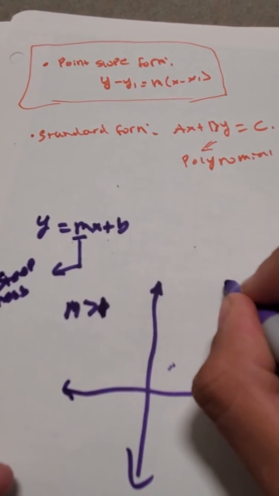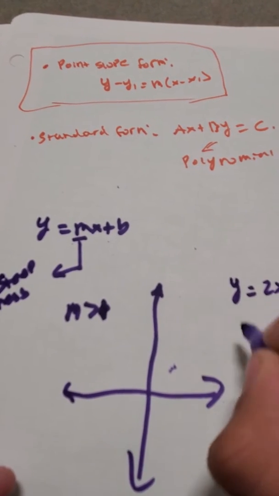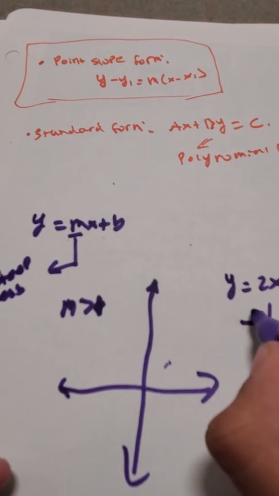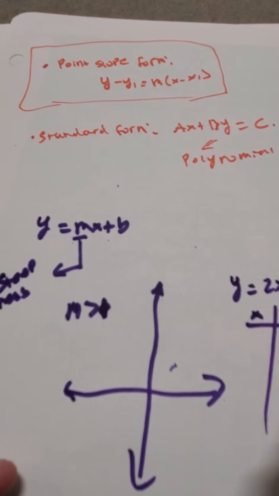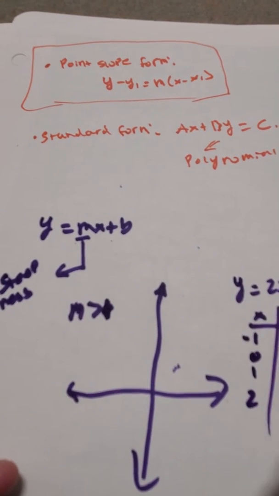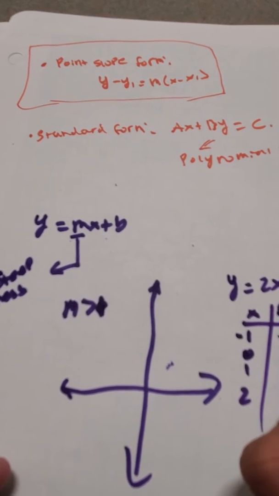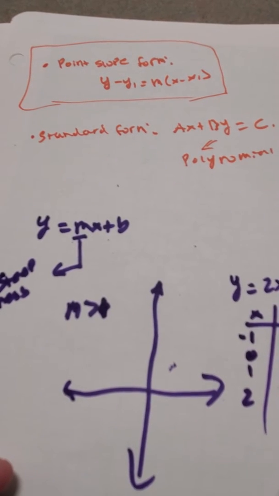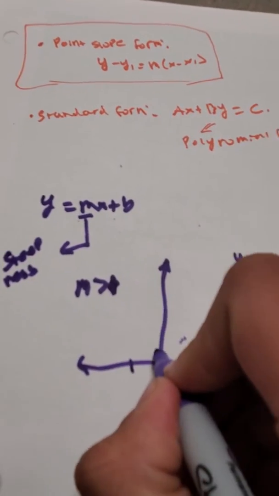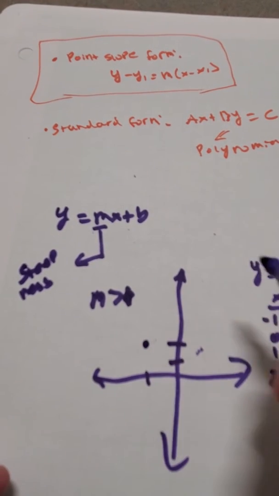I'll show this to you guys with y is equal to 2x. The easiest way to do this, if you're given an equation, is to plug in points. So let's do -1, 0, 1, and 2.